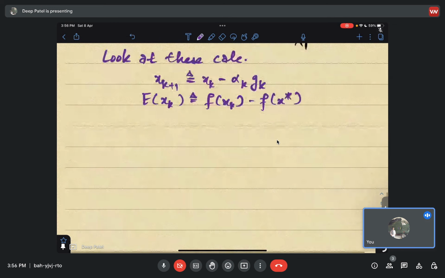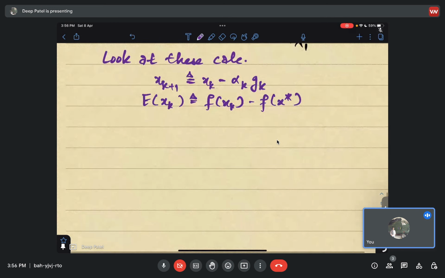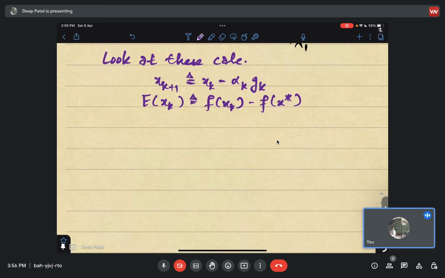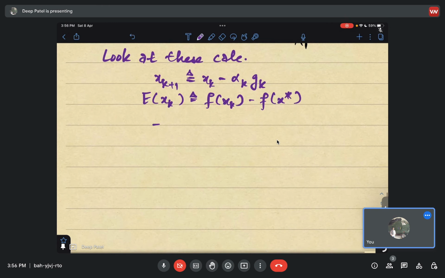The error term is basically half of (x_k minus x star) transpose Q (x_k minus x star).